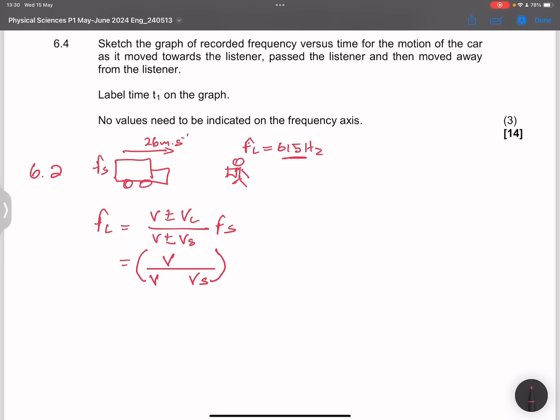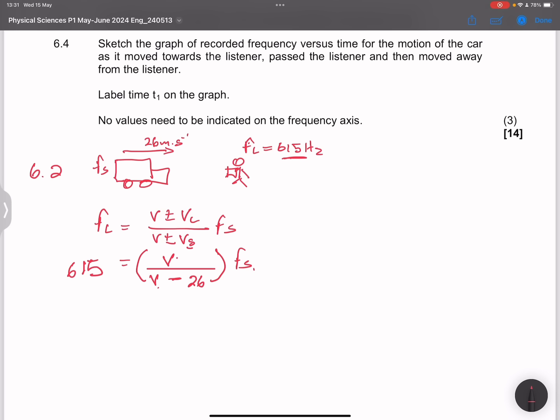And to make it an improper fraction means this has to be negative, multiplied by the frequency of the source. Now, the detected frequency is 615, V is unknown, the other V is unknown. The speed of the source, that's 26, multiplied by Fs.